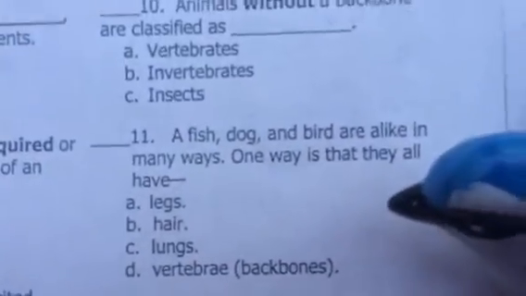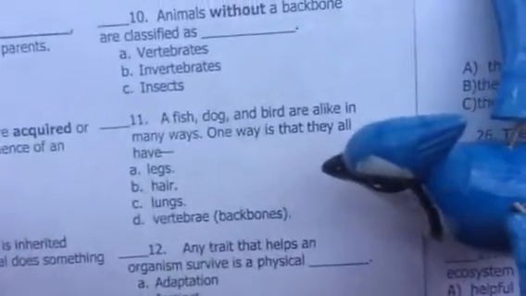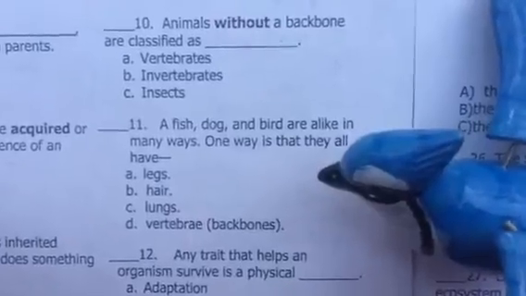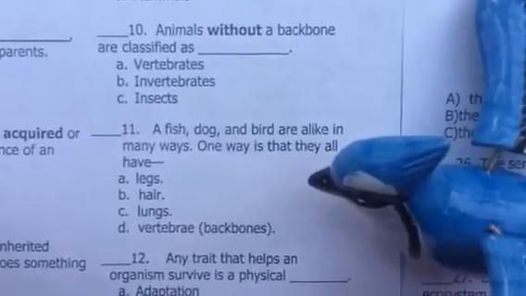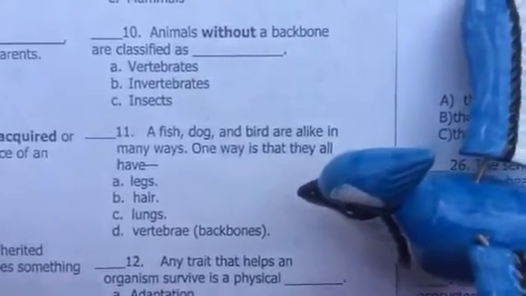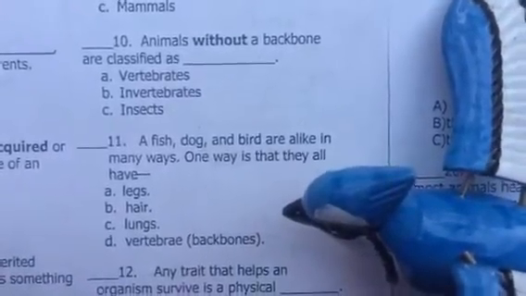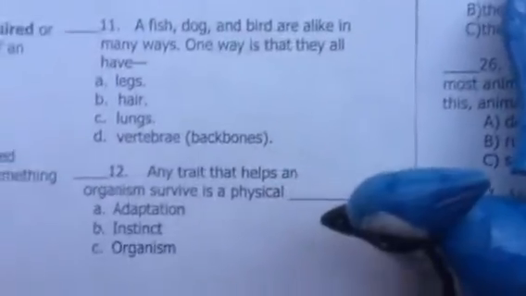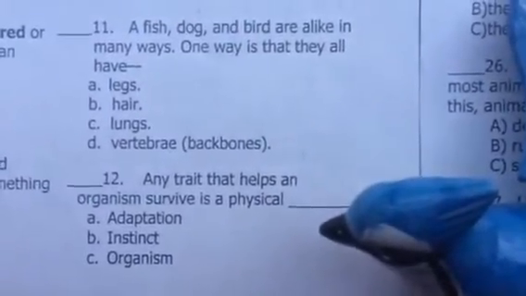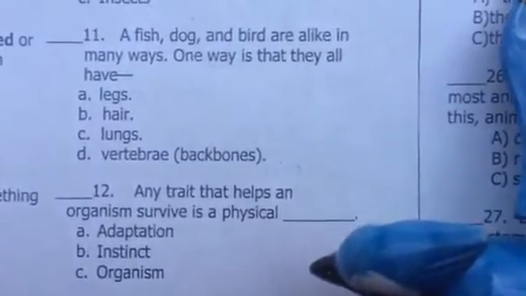A fish, dog, and bird are alike in many ways. One way is that they all have A. Legs. B. Hair. C. Lungs. D. Vertebra, backbones. 12. Any trait that helps an organism survive is a physical blank.